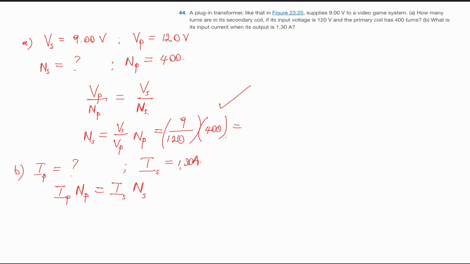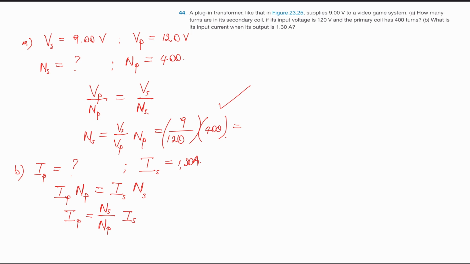Then this will mean IP, the current on the primary side, is going to be NS divided by NP times IS. NS over NP is equal to VS over VP. Remember, from this, we can make NS over NP the subject of the formula.